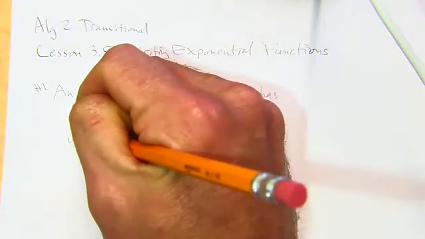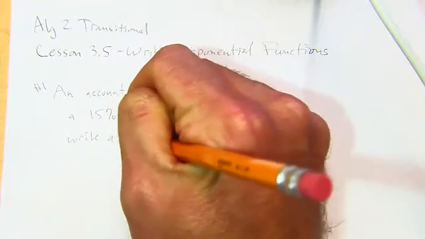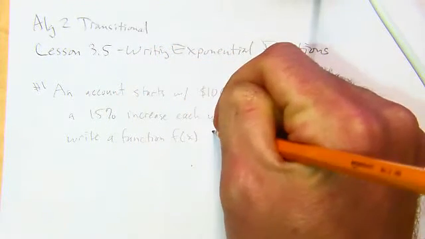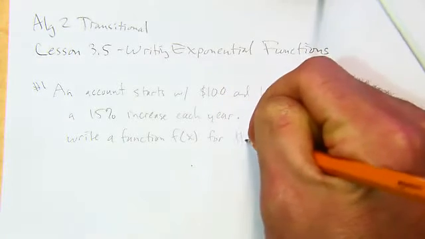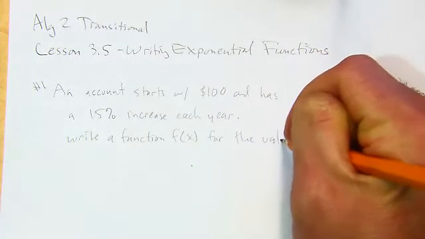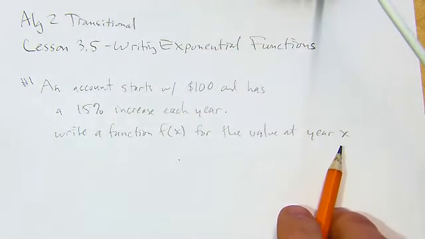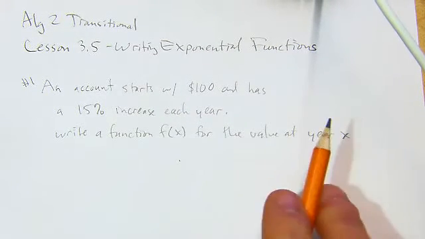So write a function is the first thing you're going to have to do. We'll call it f of x. This can be for the value at year x, so basically whatever year we want to plug in.